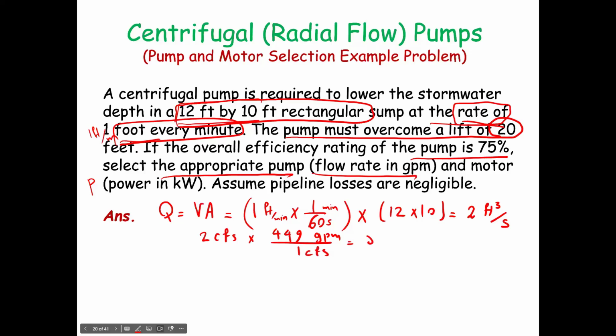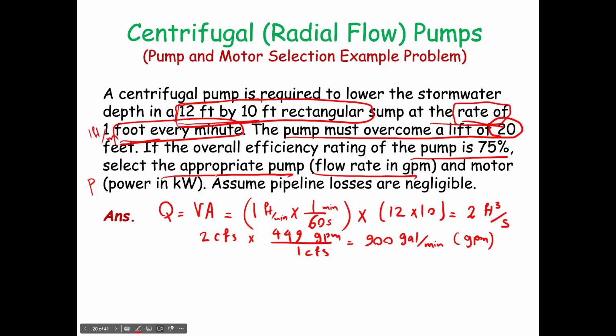So you have around 898 or something, which I'm going to round up to 900 gallon per minute, or GPM, as you may have heard. Okay, now I know what discharge I need.